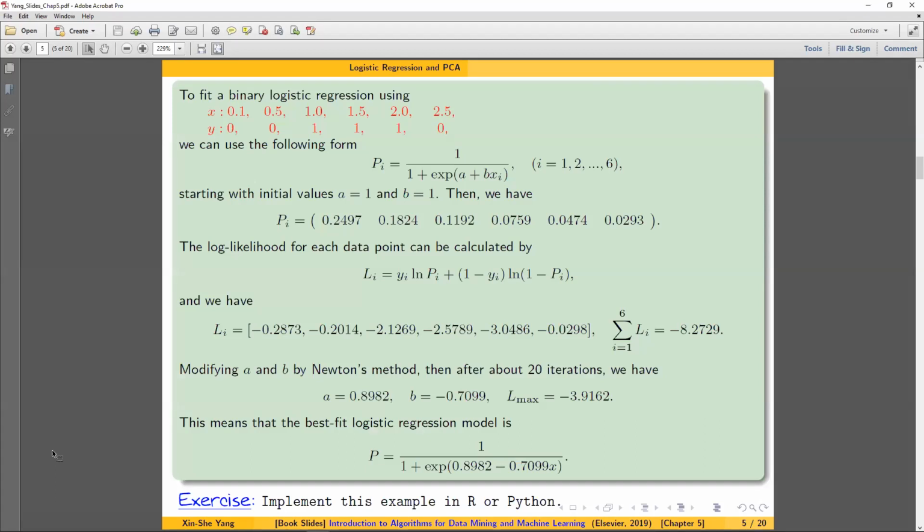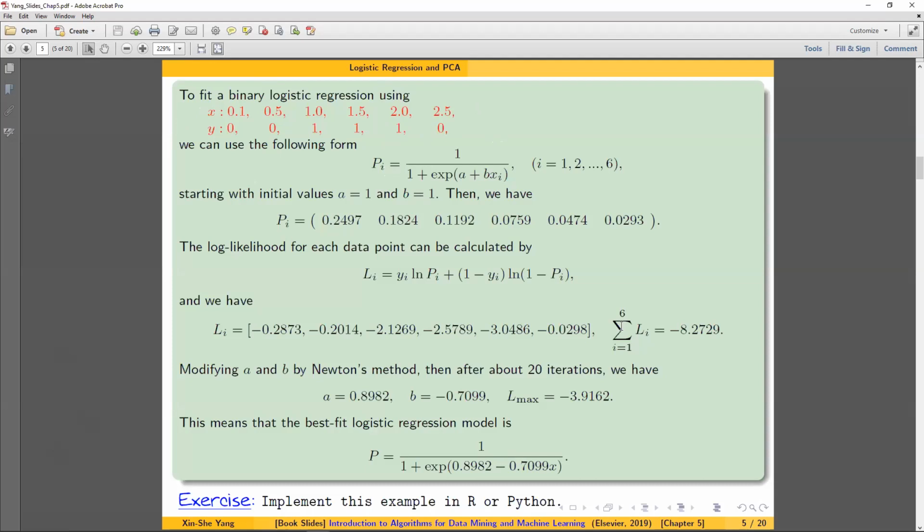Now we use an example to take a look. I can quickly go through it, but for your exercise, you should implement this example so you have a better sense of how it works. We have a set of observations, x being these values, y being these values. We can use the following form: pi equals 1 over 1 plus exponential of a plus b xi.